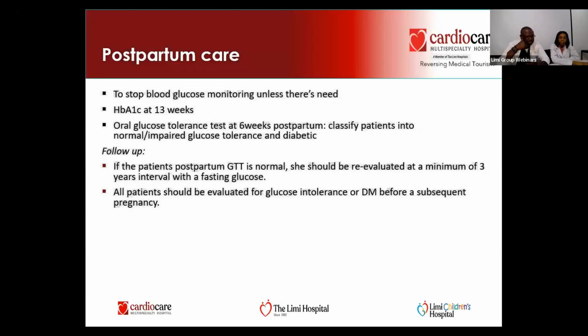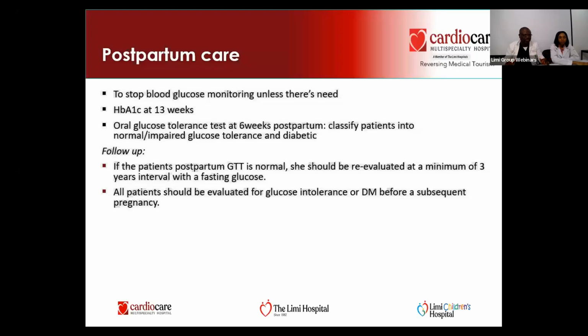Okay, this is very important in managing your patient. By the time you have guided your patient and eventually the patient delivers, you have to take care of the patient postpartum. What I mean by this is you have to do things to confirm if this patient is actually diabetic, or has impaired glucose, or is not even diabetic at all.